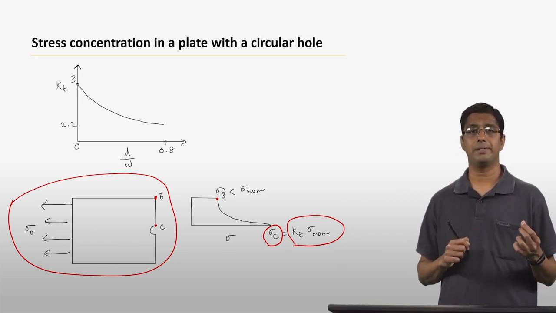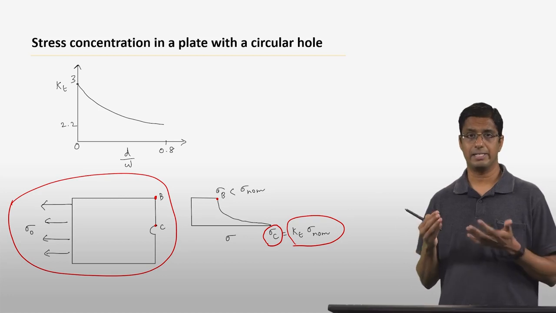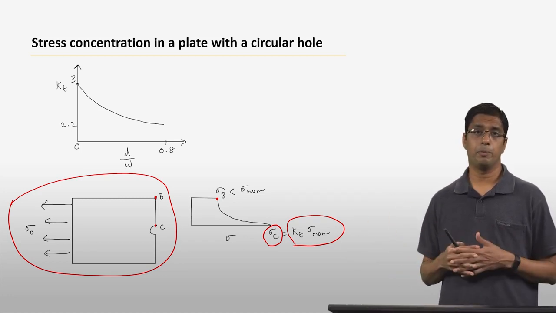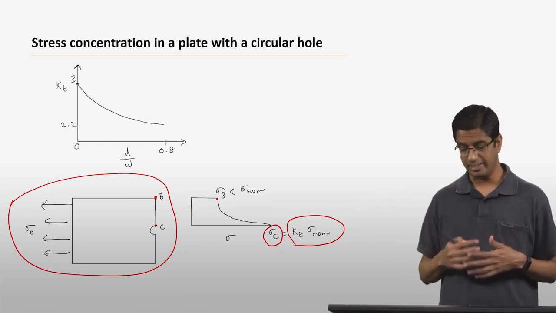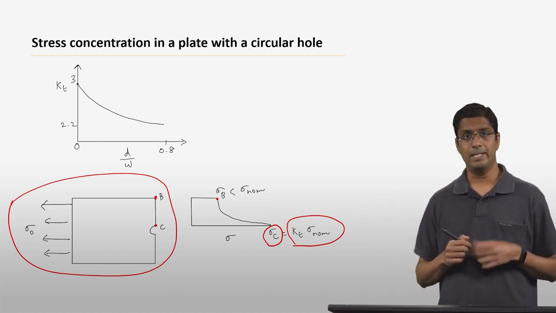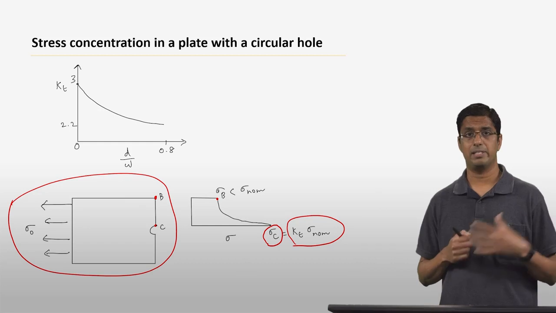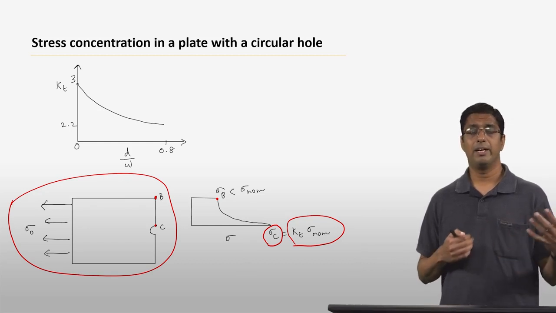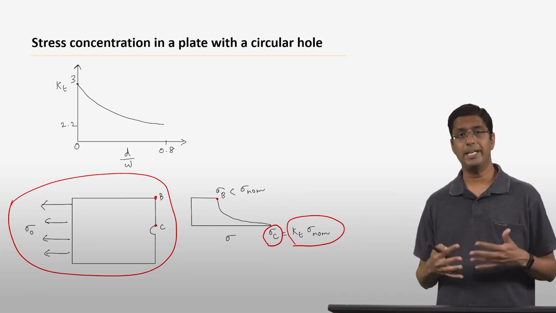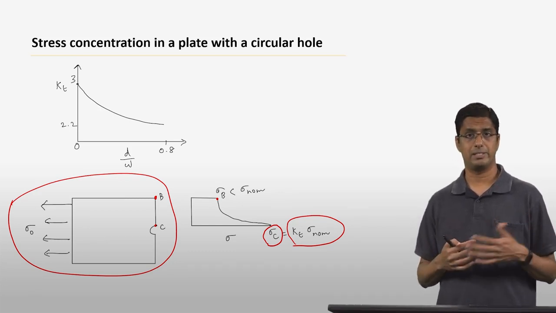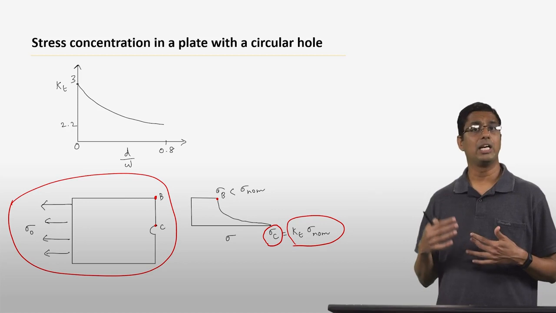The reason is that the average stress is sigma nominal. So if some portions of that cross section have stresses greater than sigma nominal, which is clearly the case at point C, then there has to be some points in that cross section where the stress is less than sigma nominal. So sigma B is usually quite a bit smaller than sigma nominal, and sigma C is quite a bit larger than sigma nominal.